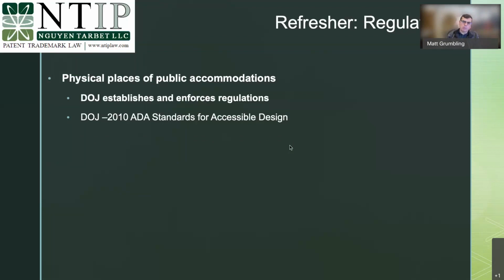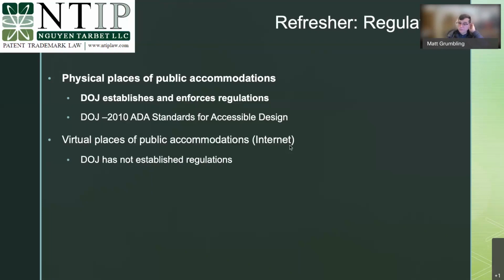Trying to bring them into spec can be expensive and difficult. There are virtual places of public accommodation on the internet. Most of these are internet sales sites, but some of them are points of access for videos or audio podcasts and things like that.